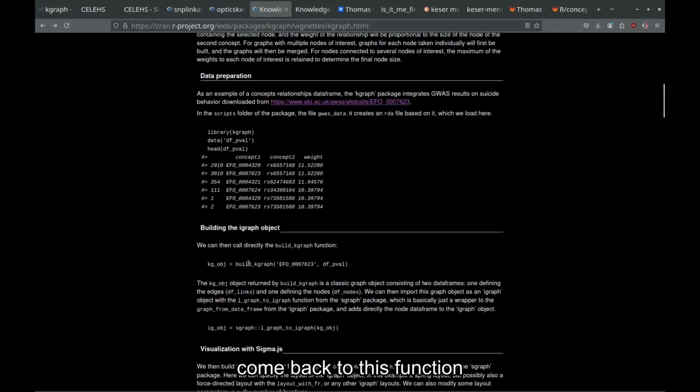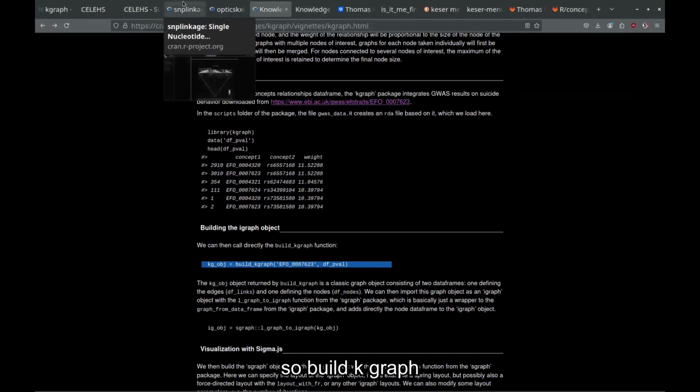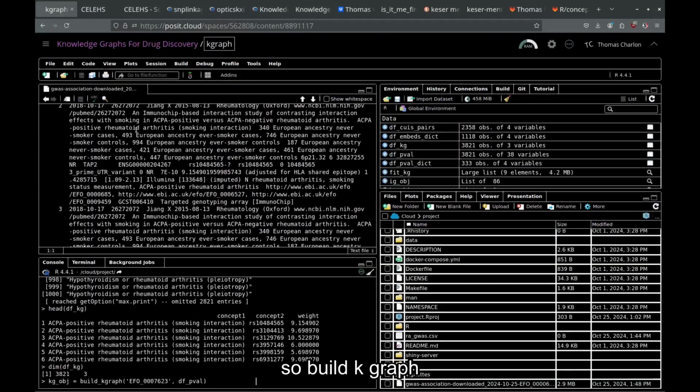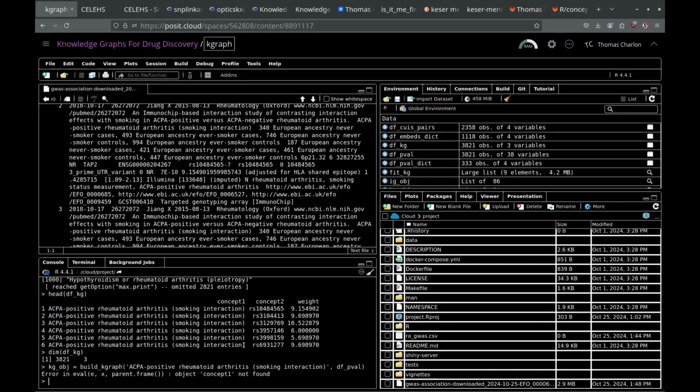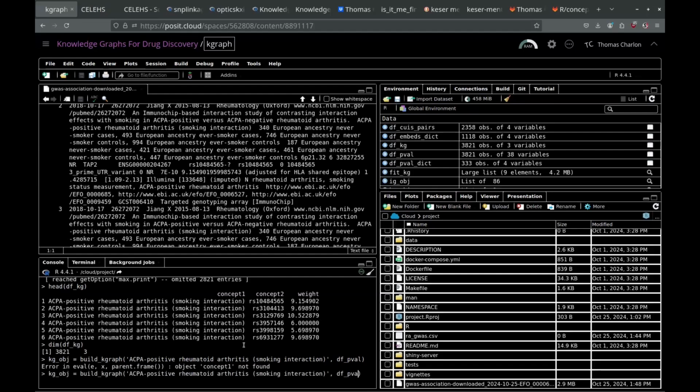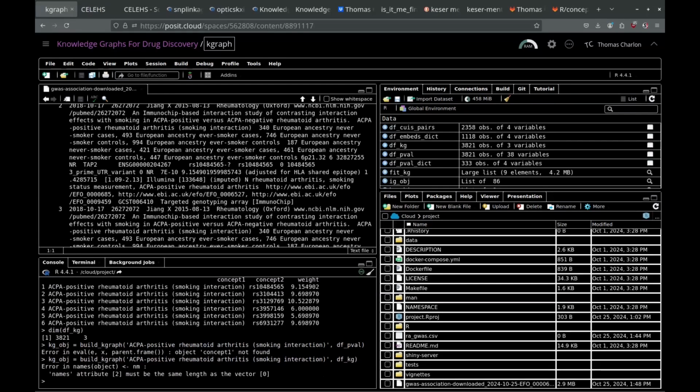Come back to this function. So build kgraph. It's the new data frame I created. But it doesn't work.